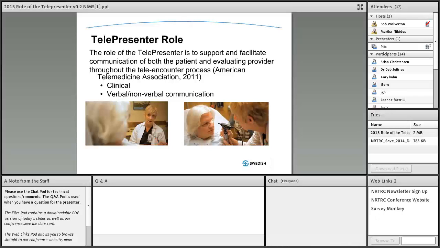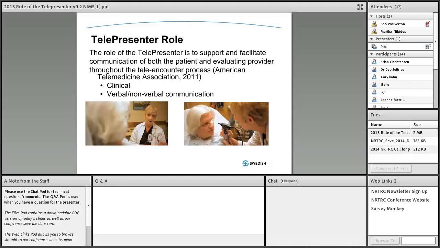Because while I'm the one facilitating the exam, the provider is the one that actually is doing the evaluation. I'm just a facilitator. So it's a very different way of communicating: what do you need to make sure you do so the physician receives the pertinent information they need on their end to make that appropriate determination for that patient.